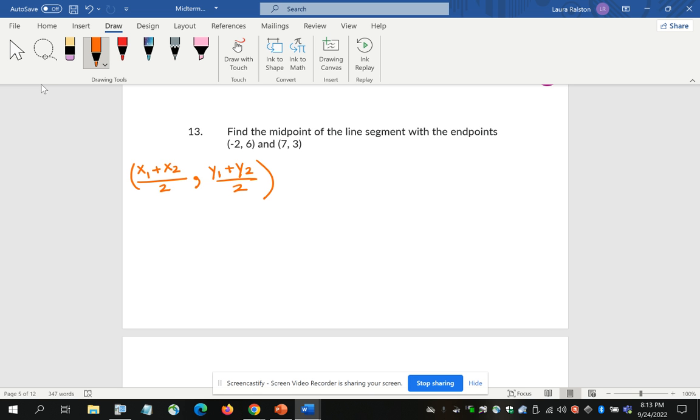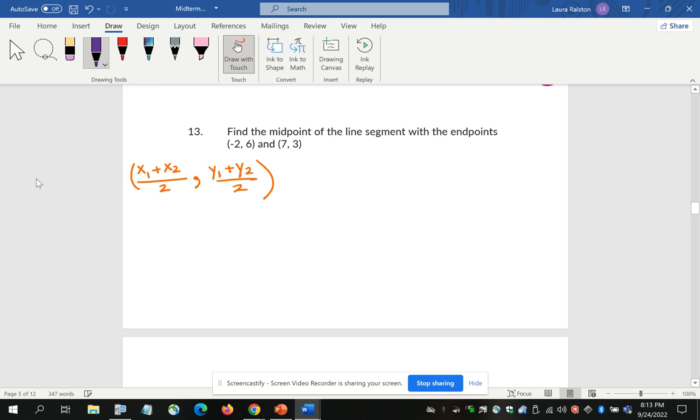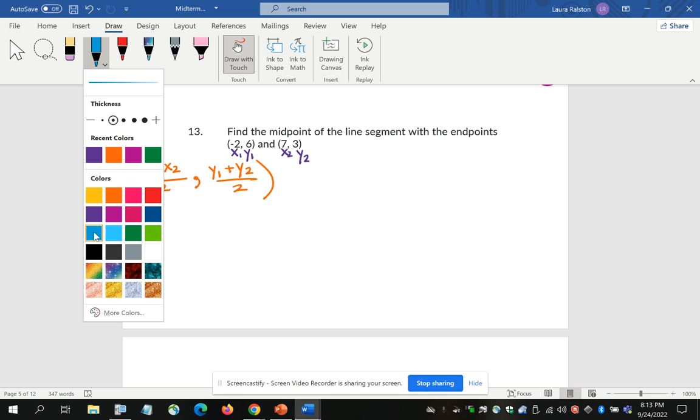Okay, so the x1, y1, and so forth refer to your ordered pairs. You have two pairs. So the first pair would be x1, y1. The second pair would be x2, y2. And then it becomes a straight out substitution problem.